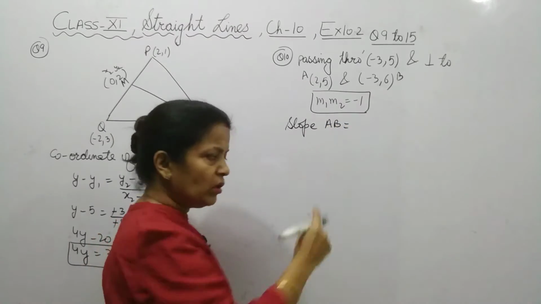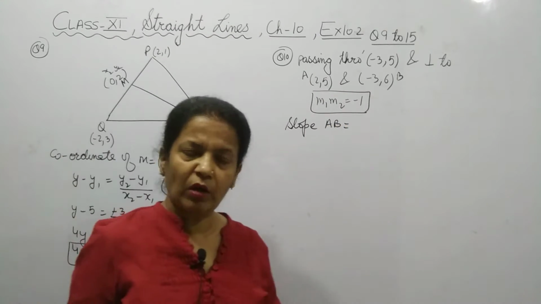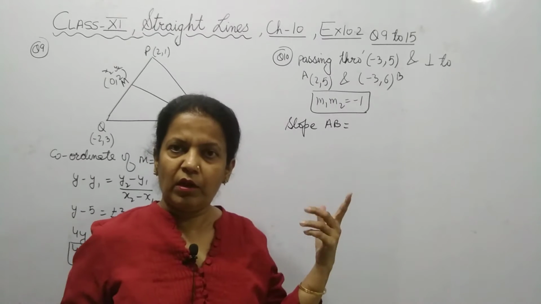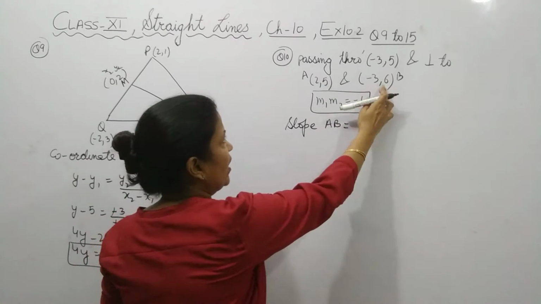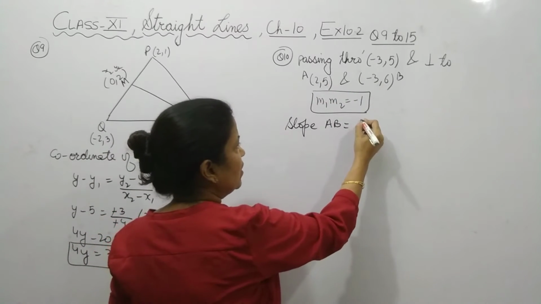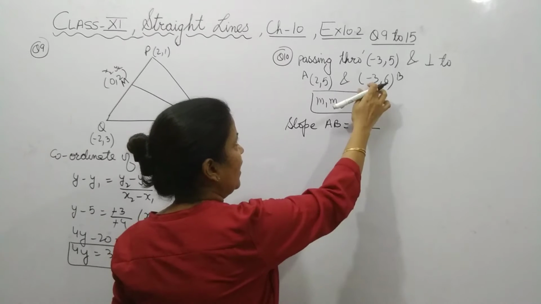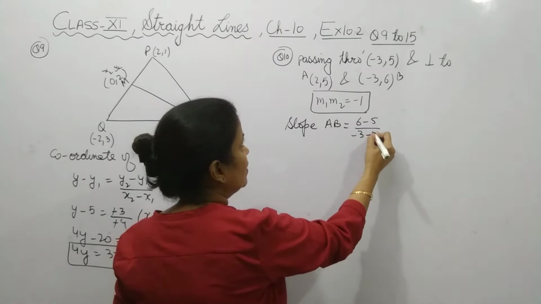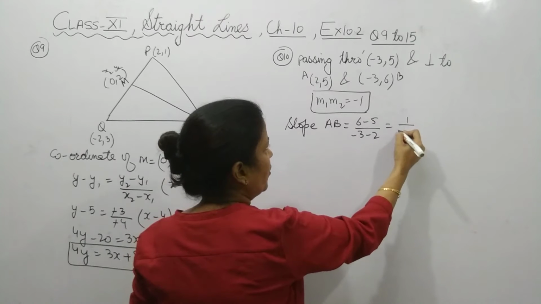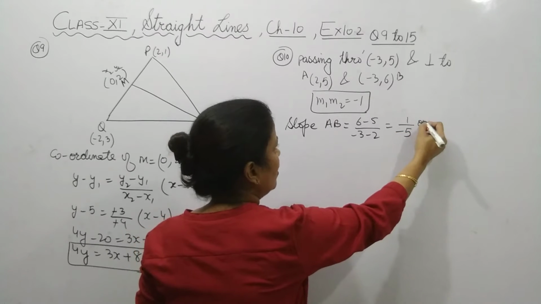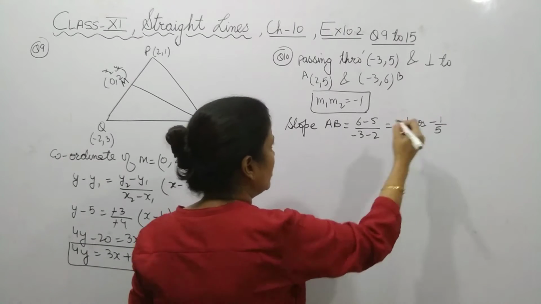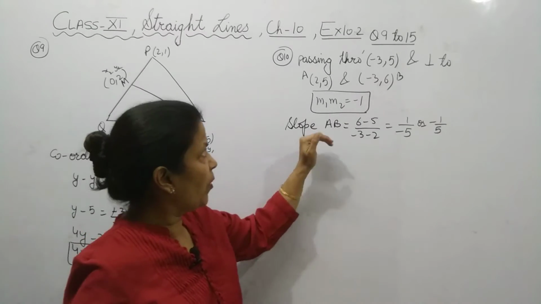How will you find it? Slope m, 2 points are there. y2 minus y1 means 6 minus 5 upon x2 minus x1. So it will come as 1 upon minus 5, or you can write it as minus 1 upon 5. So this is the slope of AB.